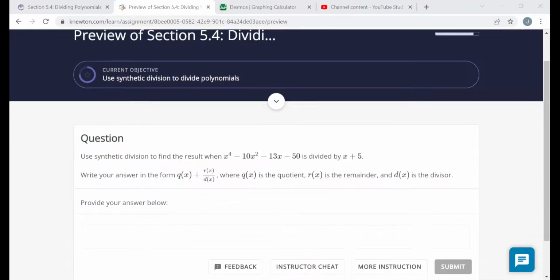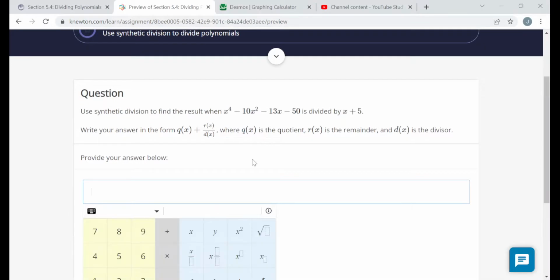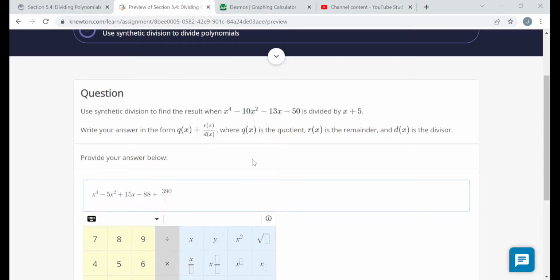I'll type this in. The quotient plus remainder over divisor, quotient plus fraction. The result of division, x cubed minus 5x squared plus 15x minus 88. And then plus the remainder over divisor, plus 390 divided by x plus 5.